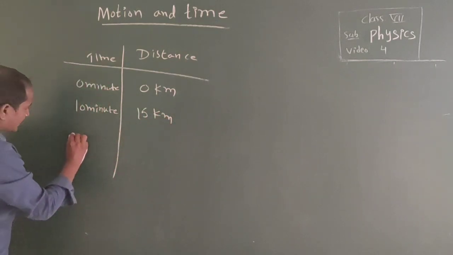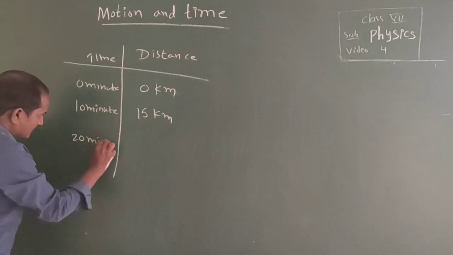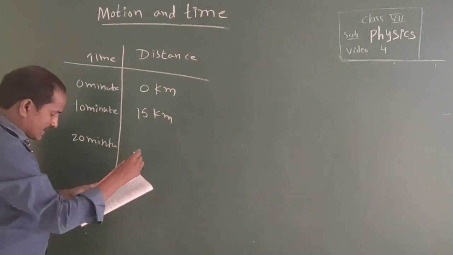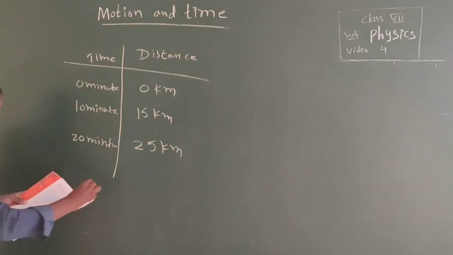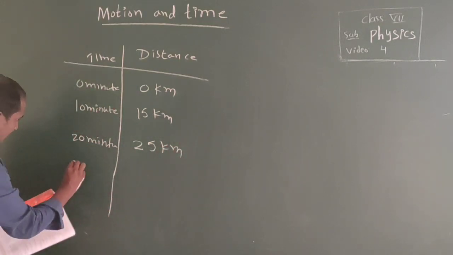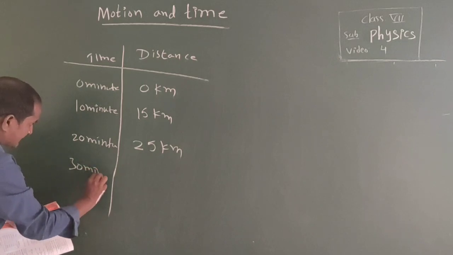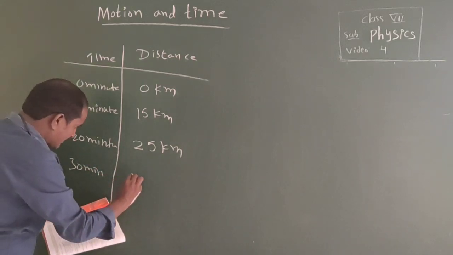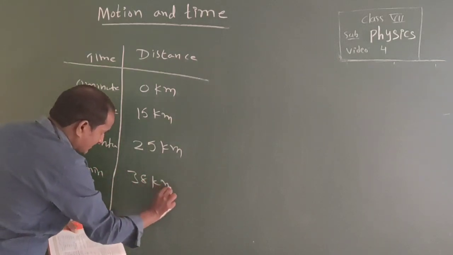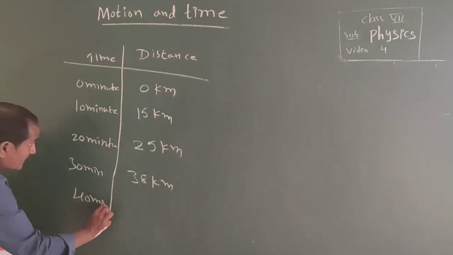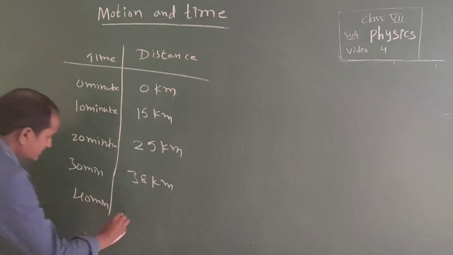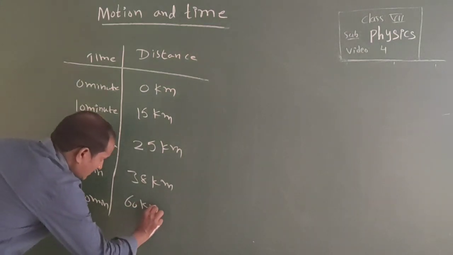At 20 minutes, the car covers 25 kilometers. At 30 minutes, the car covers 38 kilometers. At 40 minutes, the car covers 60 kilometers.